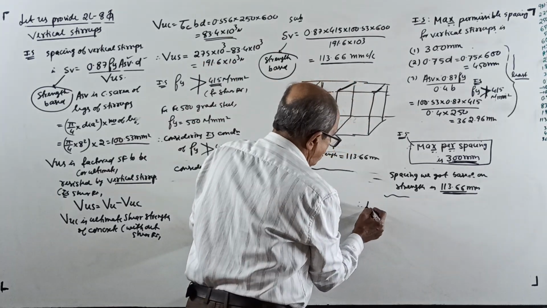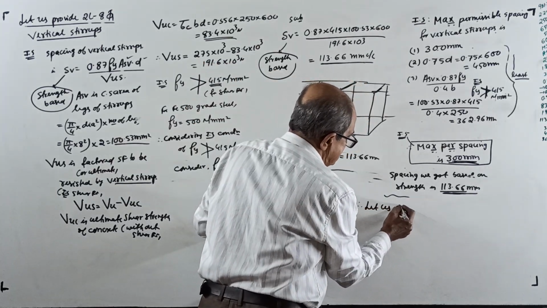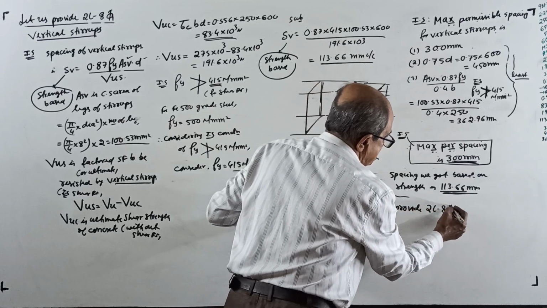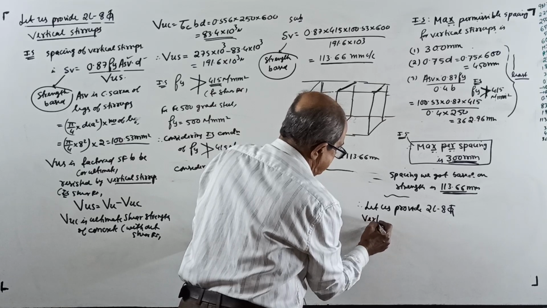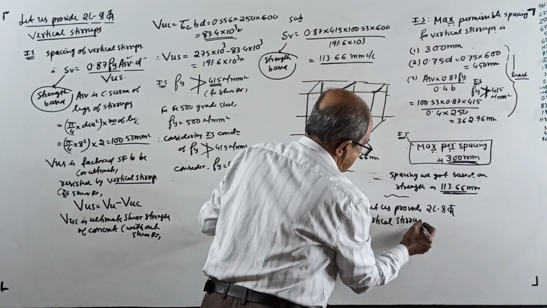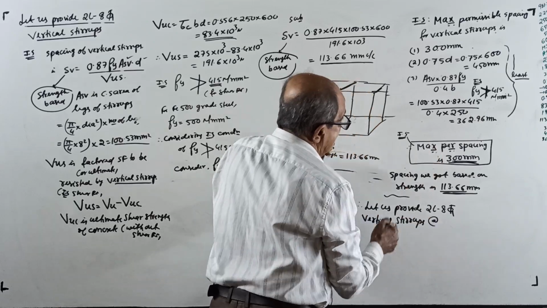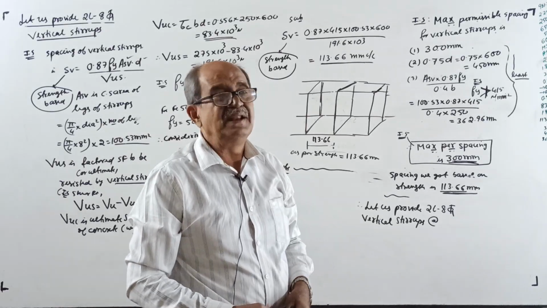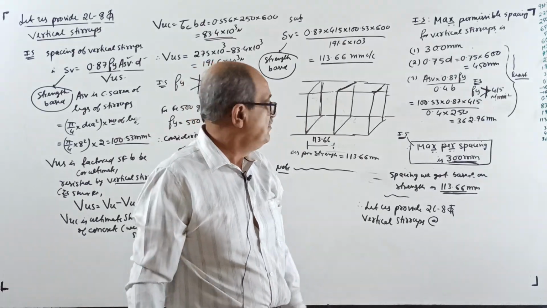Therefore, conclude, let us provide two-legged 8 mm vertical stirrups at 113.66. It is an odd number. The bar bender will ask, sir, what is this? Round off.